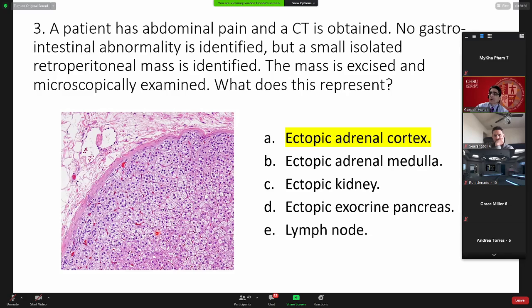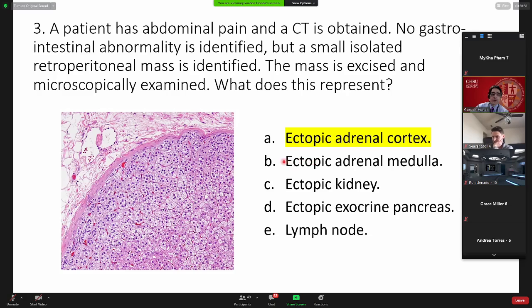And the answer is no, because we're dealing with ectopic tissue. Sometimes histologically it looks exactly like the tissue that it came from, but usually it's disorganized. You won't have the full complement of anatomic structures you would see in a normal adrenal gland. And so this is an example of ectopic adrenal cortex.